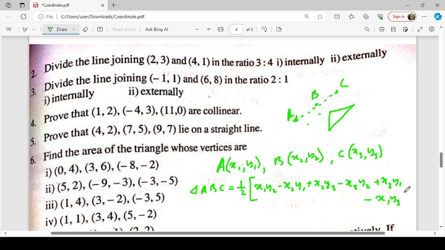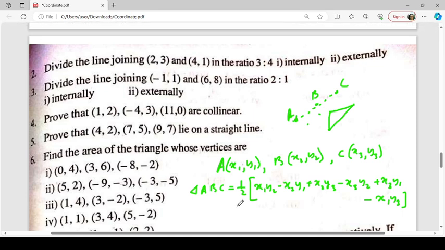So this is the formula of a triangle. We will be given the coordinates of the vertices, and we can put them here and find the area of the triangle.